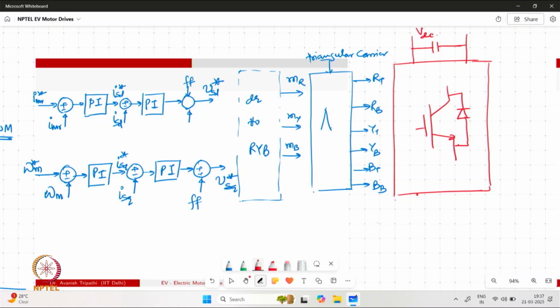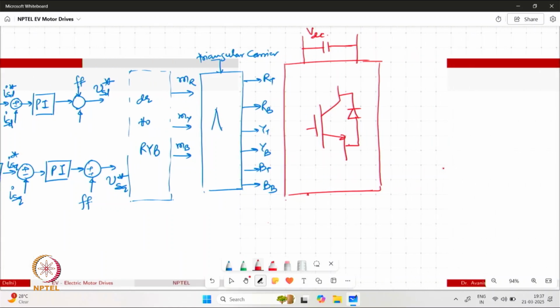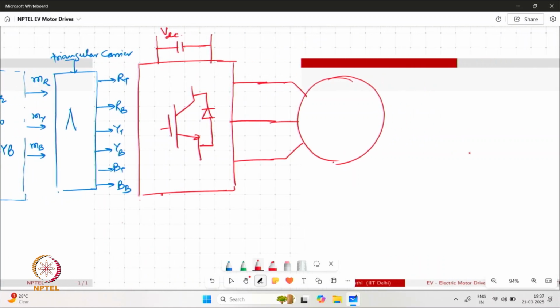The value can be taken as VDC, and on the basis of the gating pulses given to the system, this is ultimately generating the three-phase output, which is connected to the induction machine. This induction machine eventually connects to load.